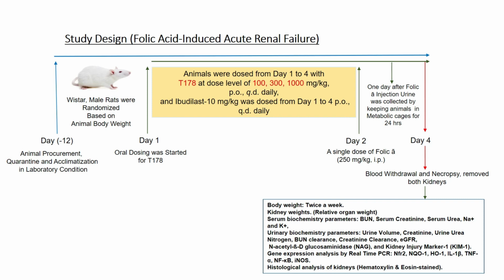After induction, if we are doing the same model for 2 days or 4 days, then one day after induction, 24 hours, we will collect the urine before termination. If you are going to terminate at 7 days, then on day 6 you have to add all the animals in metabolic cages.